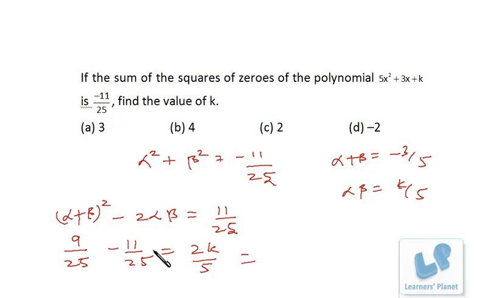So I'm sorry, it's minus 11 by 25, so it will be plus. So 11 plus 9, that's 20 by 25, right? So 2, 10 and this 5, 2. So k will be equal to 2, right?